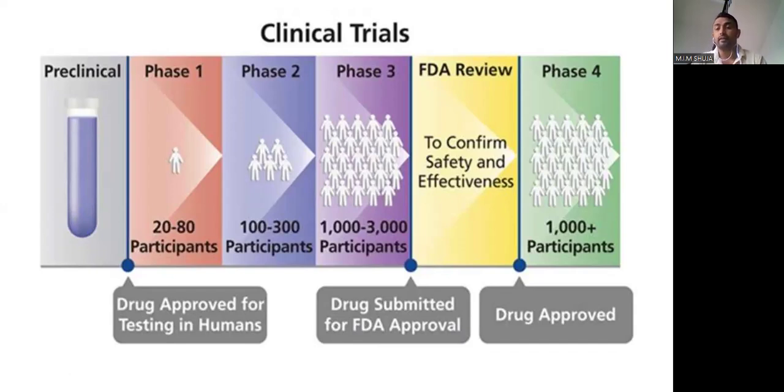Once the drug is approved, it doesn't mean it is 100% safe to use on humans, because these three phases are not enough to study the longer-term side effects and toxicity of the drug.